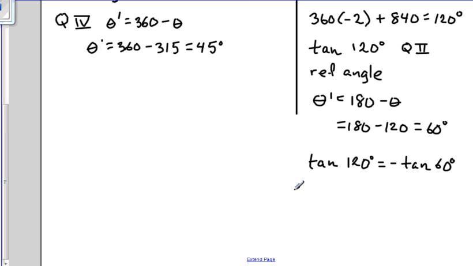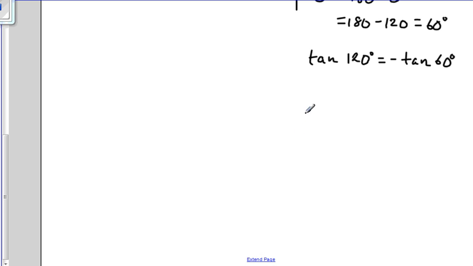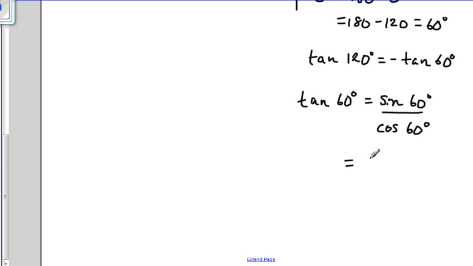To find tangent, remember that we do sine over cosine. So the tangent of 60 degrees equals the sine of 60 degrees over the cosine of 60 degrees. The sine of 60 degrees is radical 3 over 2.